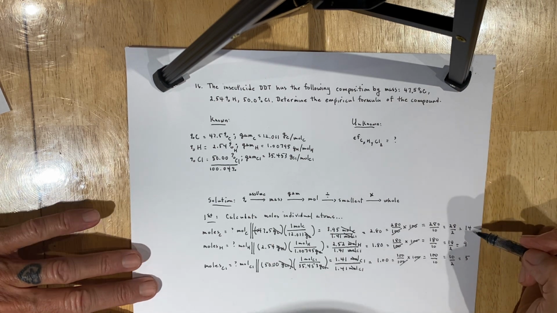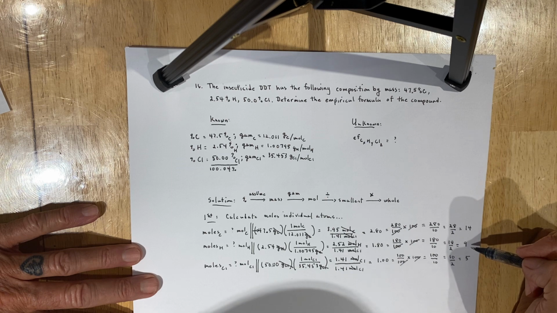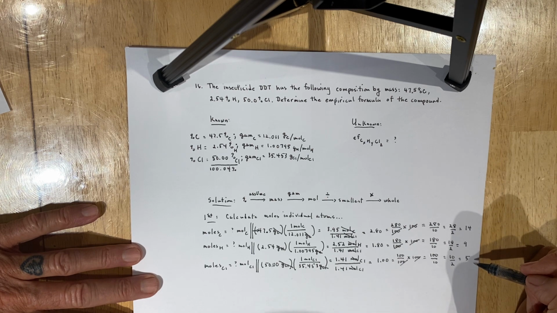So this ratio of 14 carbon atoms to 9 hydrogen atoms to 5 chlorine atoms is our simplest whole number ratio, which by definition is the empirical formula.